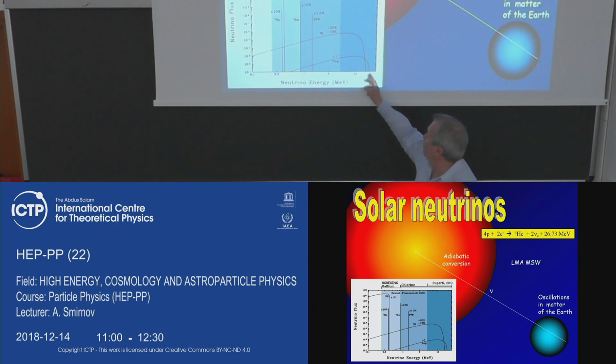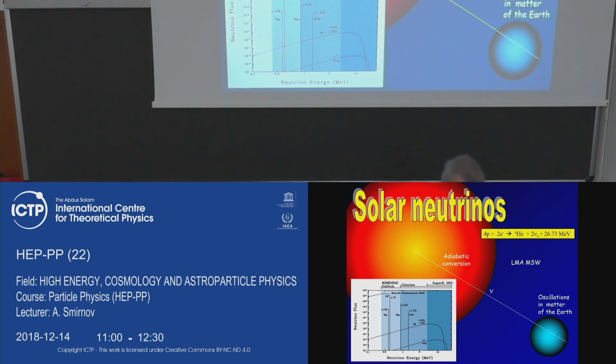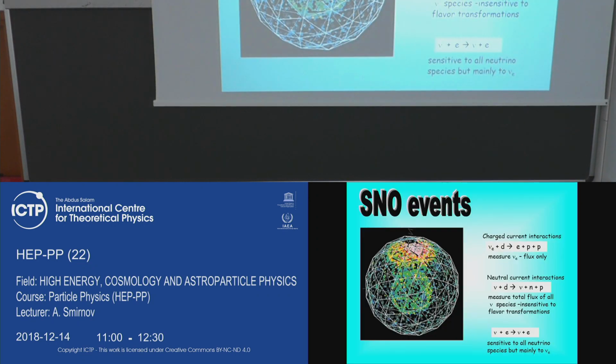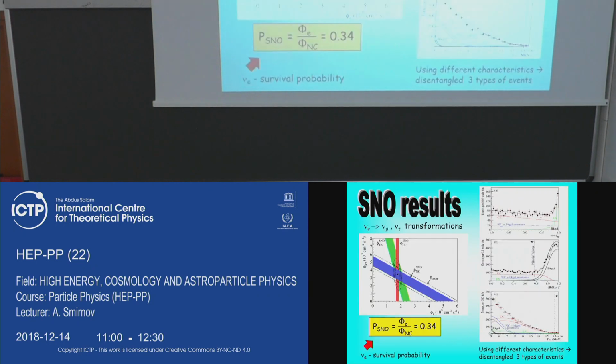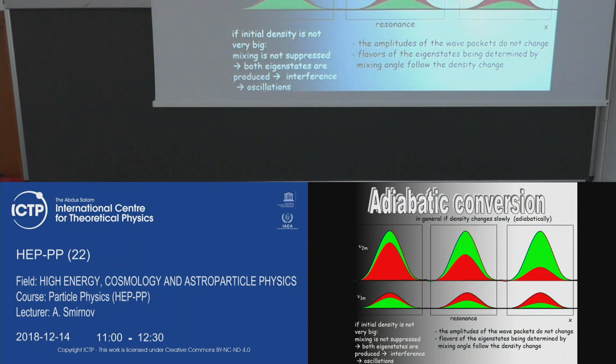Actually, this is 14 or 15 MeV with different components. These are SNO events. Again, they see this Cherenkov radiation, Cherenkov rings. I will discuss this later.